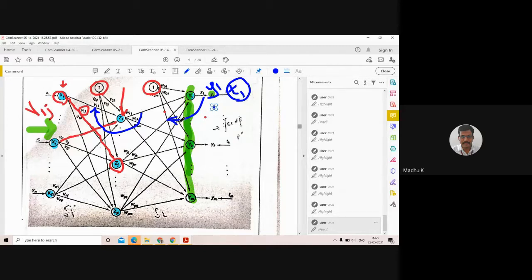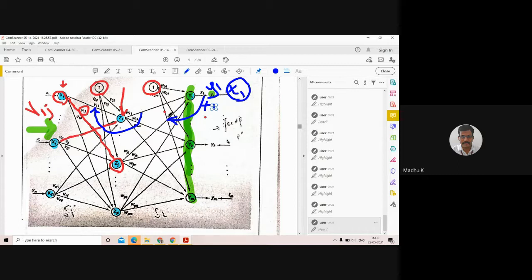The error correction terms are back propagated. We will study that while discussing the algorithm. Error terms are back propagated level by level.